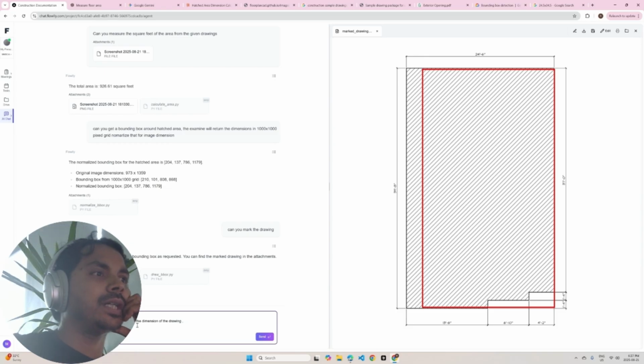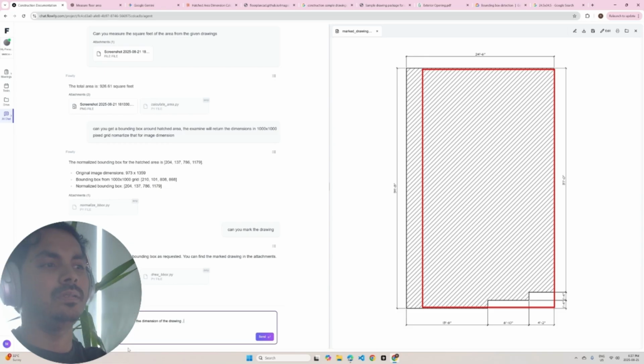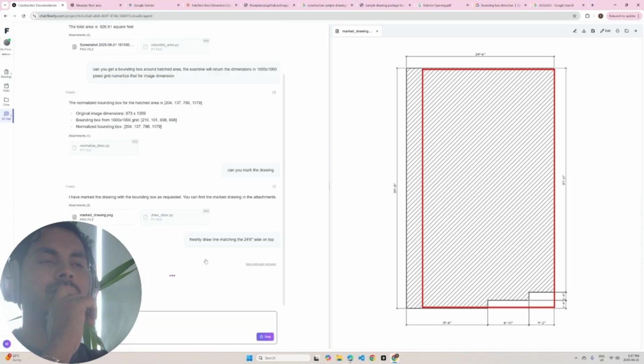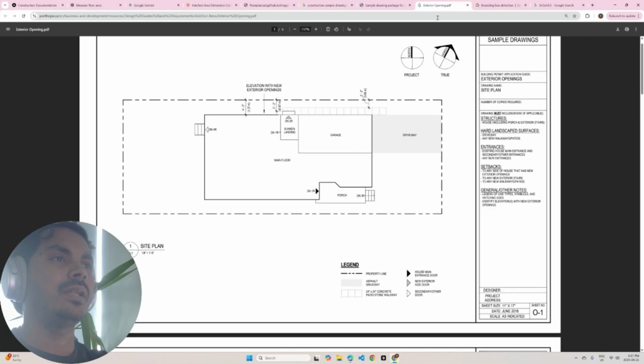Now I won't be able to, right? Freshly draw line matching the 24 feet 6 inches side on top. So let's see if it can do it.